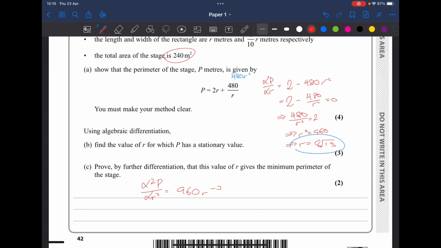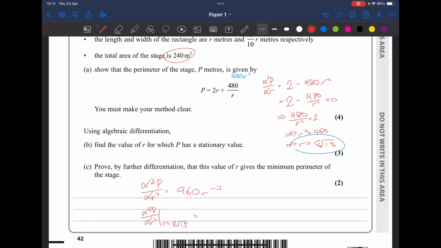So if it's positive r, it's positive, negative r is negative. But if we plug in the value, so plugging in r as 8 root 15, it's going to give us some number. So 960 times that thing cubed, or to the minus 3.